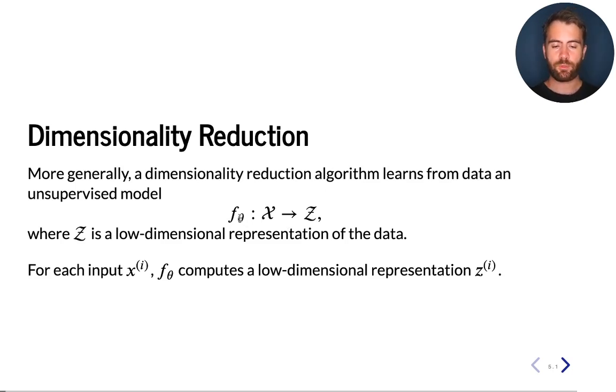It has a set of parameters theta, and it's a mapping between inputs x and points in a different set z, which is the set in which live the low dimensional representations of the data. So in other words, given an input x, f applied to x will give us f of x, which is going to be a low dimensional representation, which we're going to denote by lowercase z.